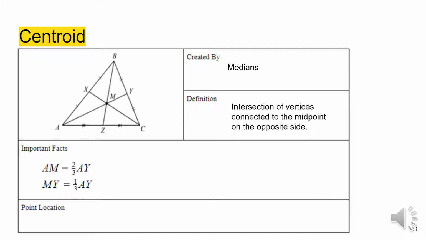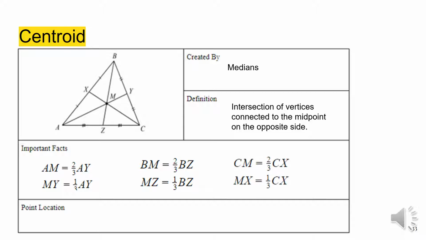So the distance from A to M is 2/3 of the entire distance A to Y, just like from M to Y is 1/3 the distance of the entire thing. The same is true from BM in comparison to BZ, as well as CM in comparison to CX. Centroid is always inside. You can think of that as being center, being inside. So incenter and centroid always are inside.